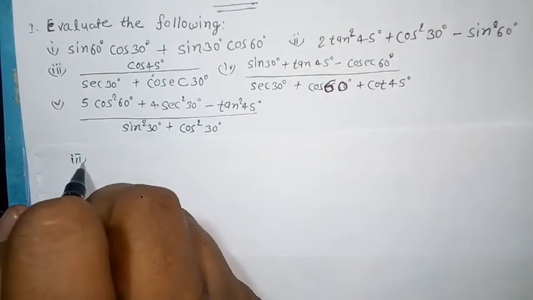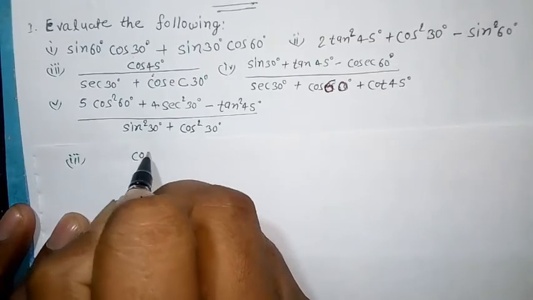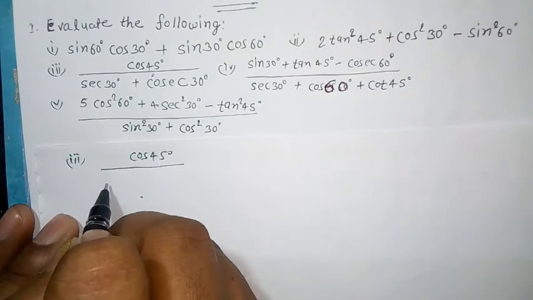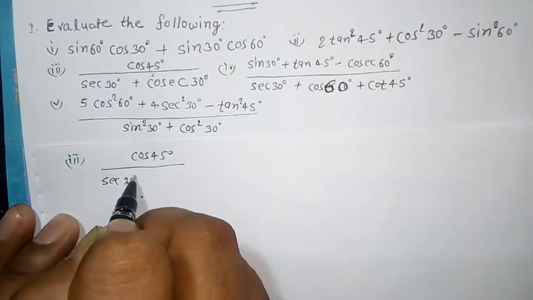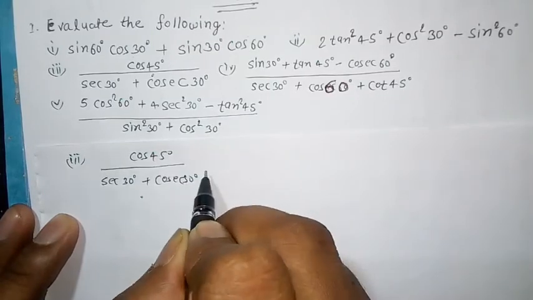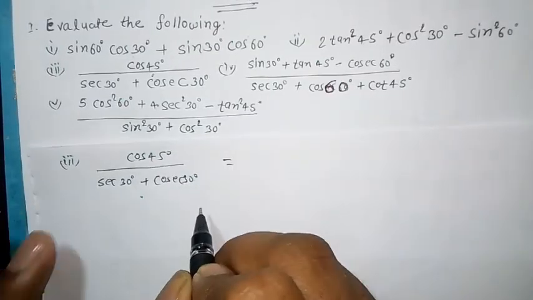Question number 3. Cos 45 degree by sec 30 degree plus cosec 30 degree is equal to cos 45.